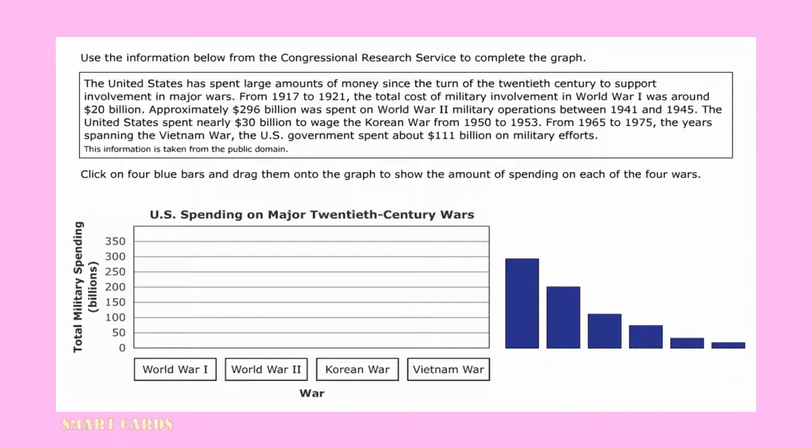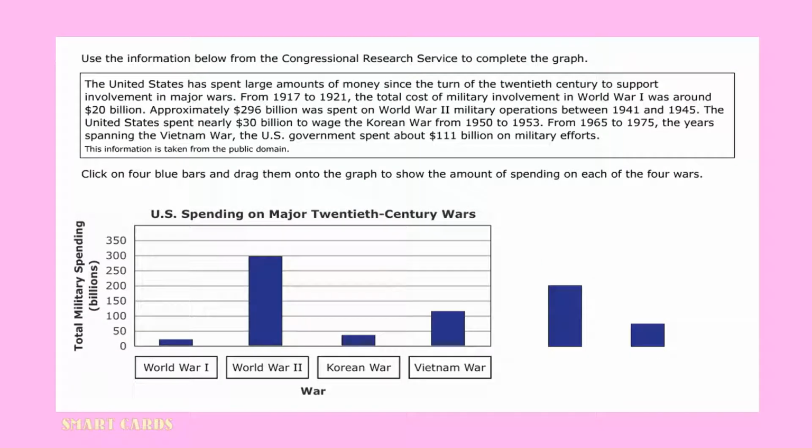The United States spent nearly $30 billion to wage the Korean War from 1950 to 1953. From 1965 to 1975, the years spanning the Vietnam War, the United States government spent about $111 billion on military efforts. Click on 4 blue bars and drag them onto the graph to show the amount of spending on each of the 4 wars.